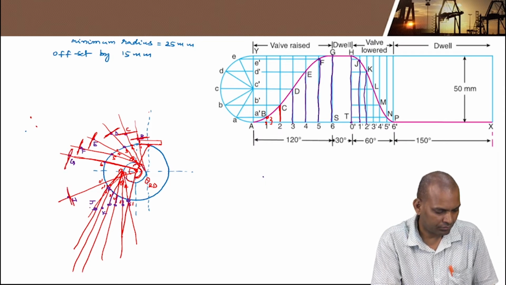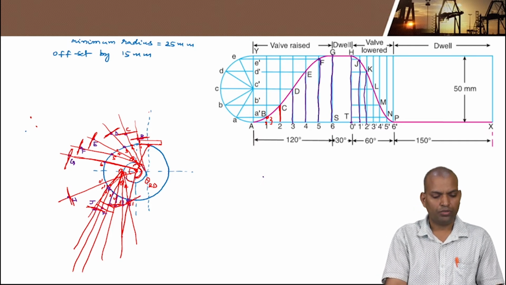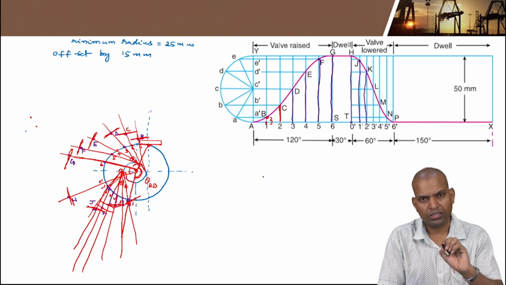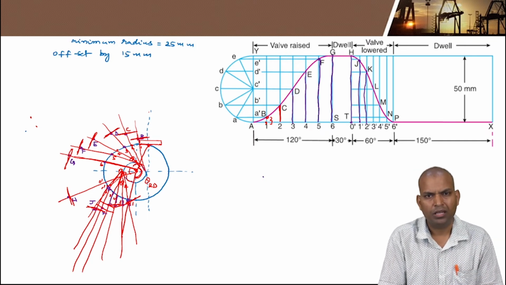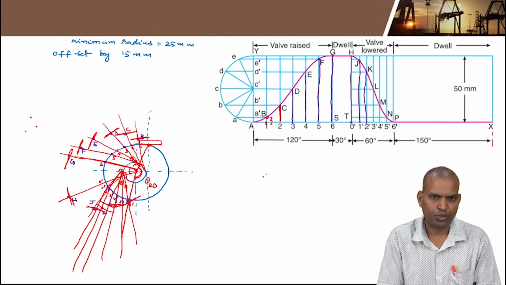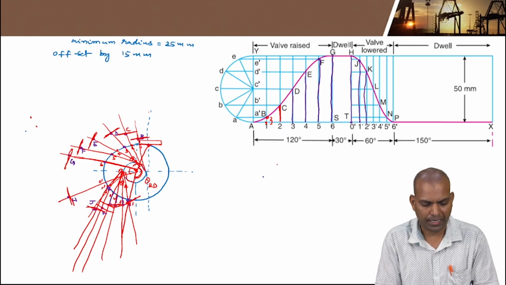Similarly, so these are the points. After drawing, you have to draw a smooth curve by touching the surfaces of the flat faced follower. That shape gives the profile of a cam.